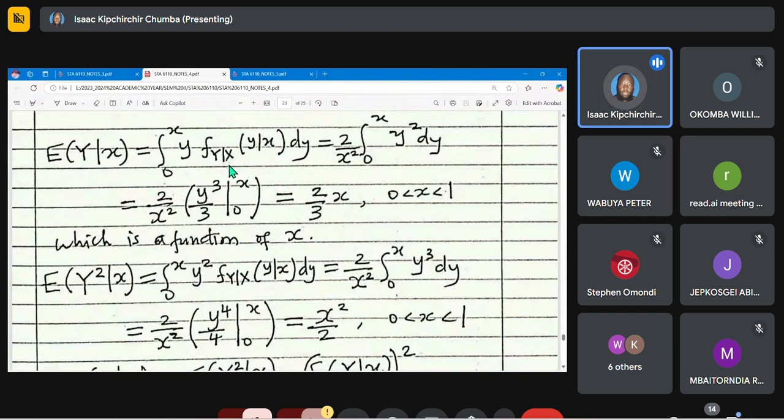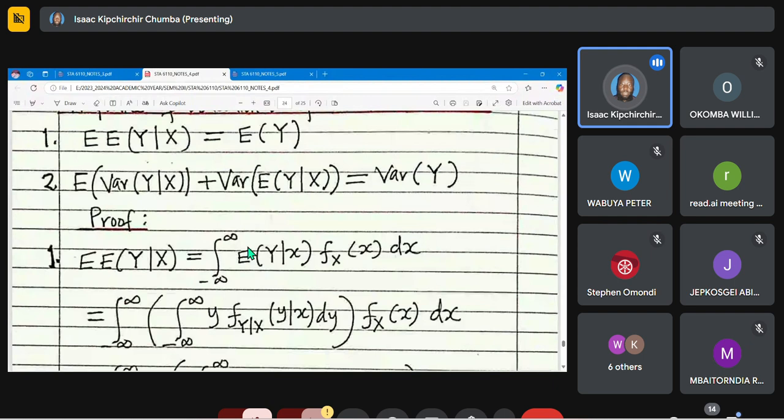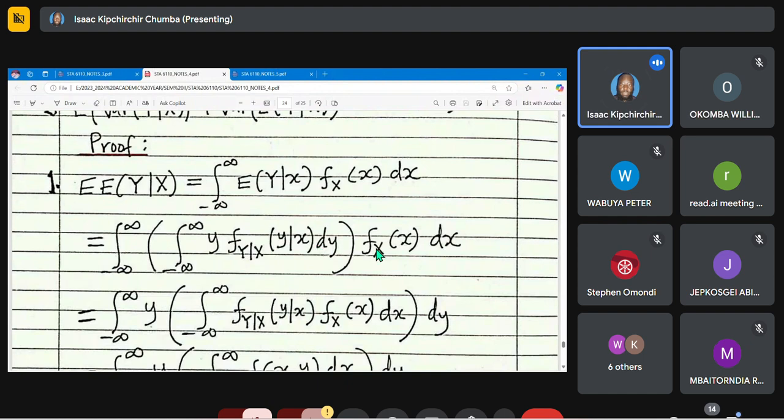We say minus infinity to infinity because when you define the density, you say it's zero otherwise. So you likely go to your support directly. Then you have that integral, then you have the marginal, you have dx there.